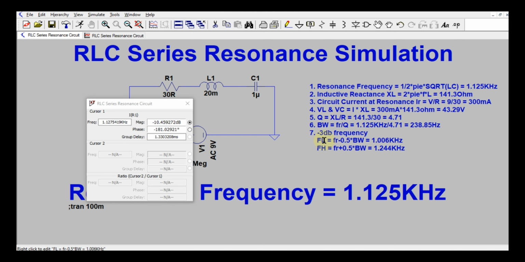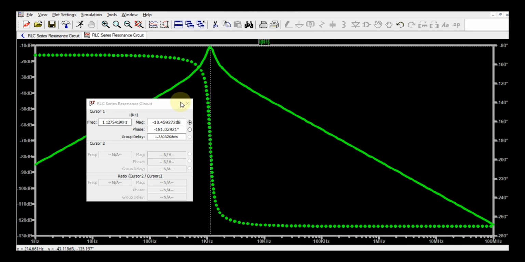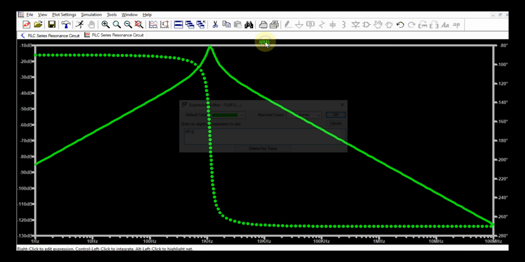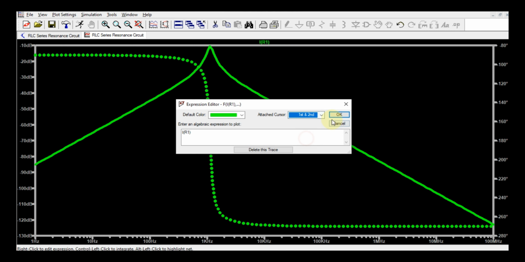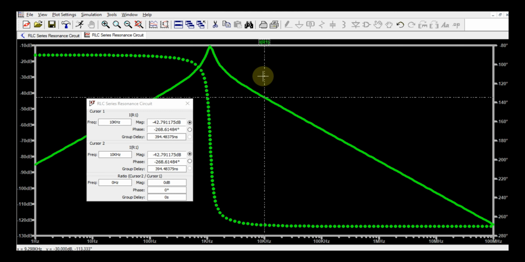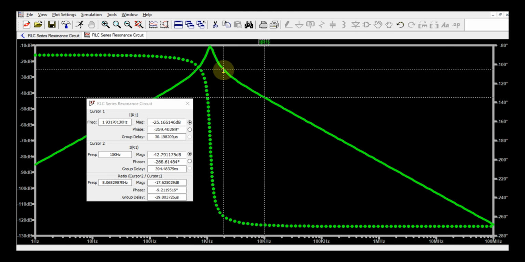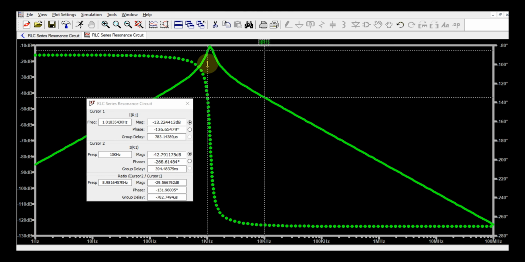Let us try to find some other parameters as well. So now let us try to find the minus 3 dB frequency and the bandwidth, right? Let us first try to find the minus 3 dB frequency. So I will take cursor 1 and cursor 2. So this is cursor 1. Let us adjust the cursor to the minus 3 dB point.